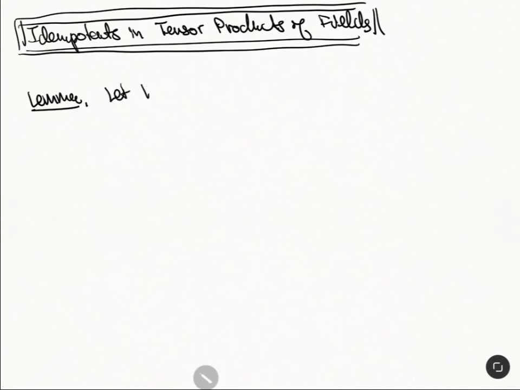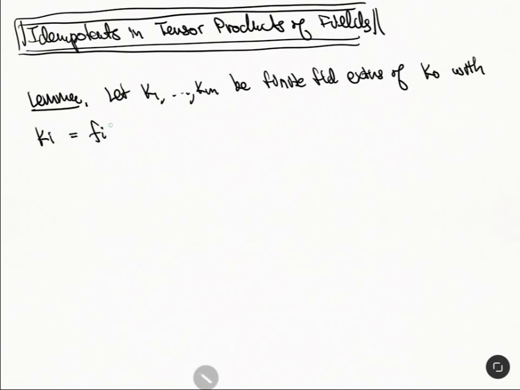So let K1 through Km be finite field extensions of K0, where Ki is going to be a primitive extension, Ki is equal to K0 of alpha i, with minimal polynomial fi.